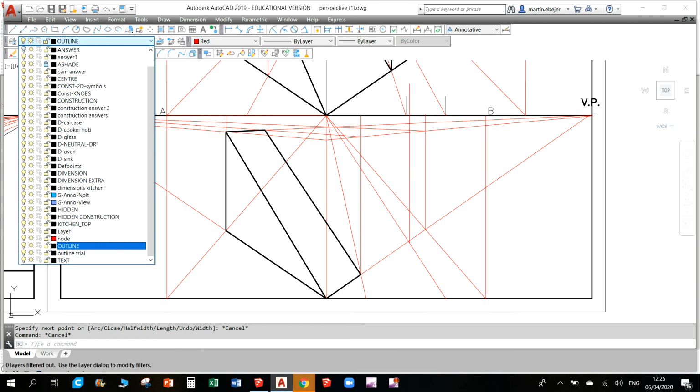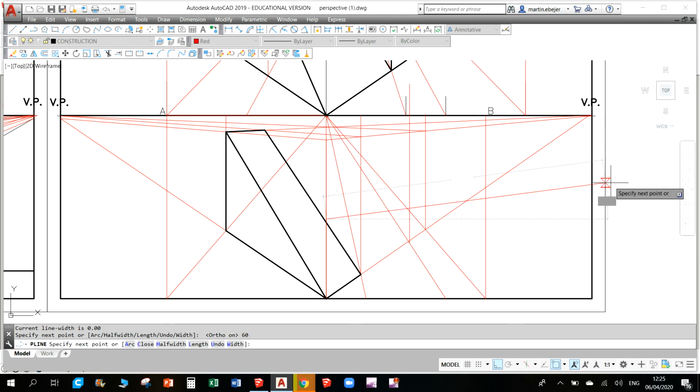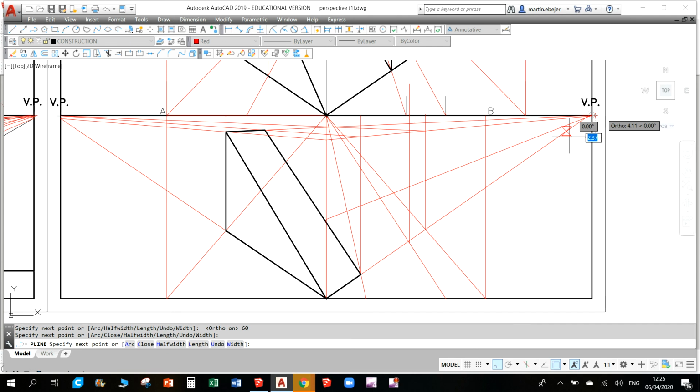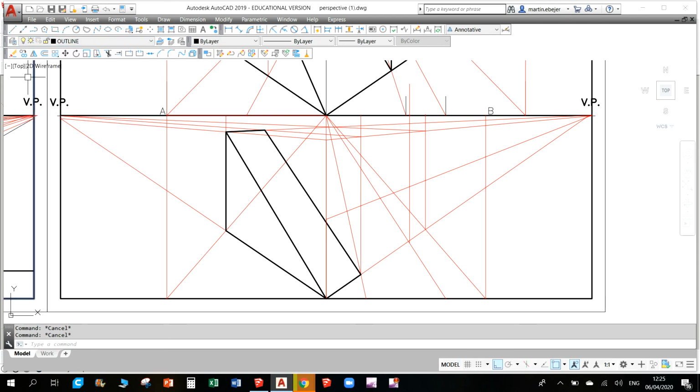With the construction line, I'm going up 60 millimeter from the true length, which is a line over there. From here I'm gonna join to the vanishing point. Okay, with the outline I can finish this part as well. This is the step.